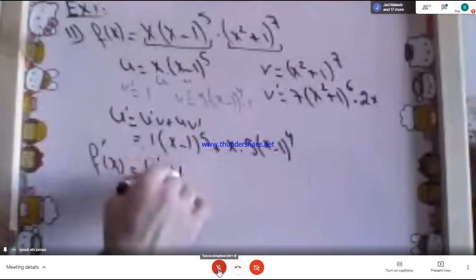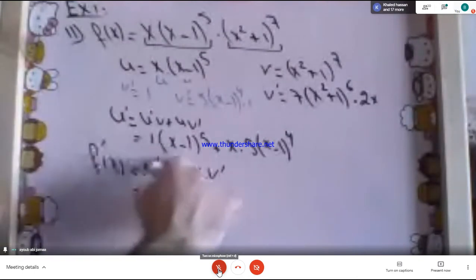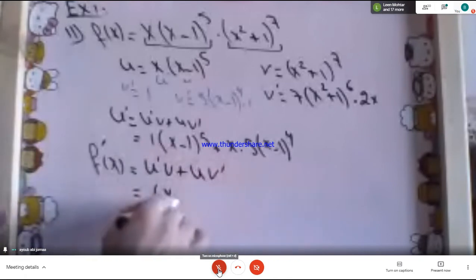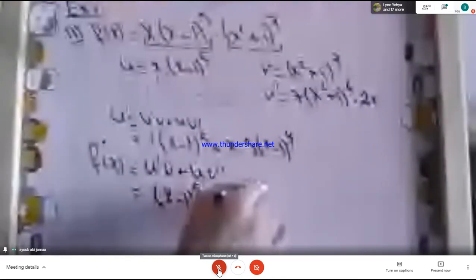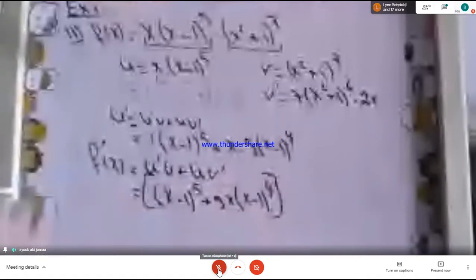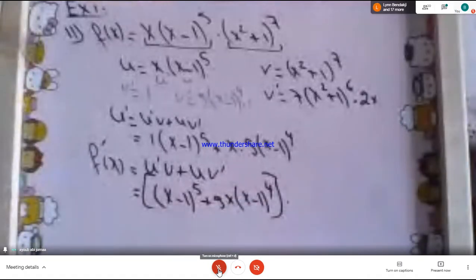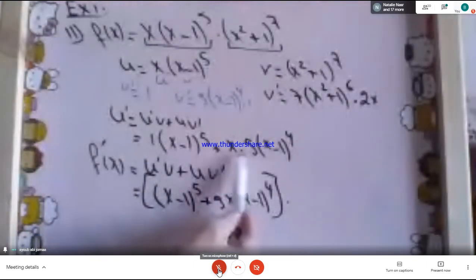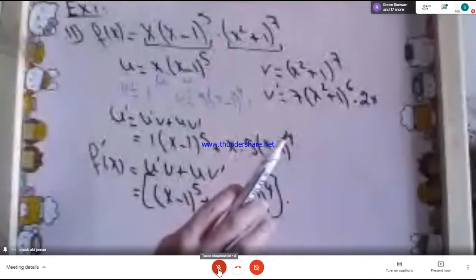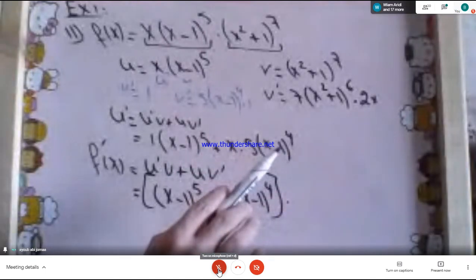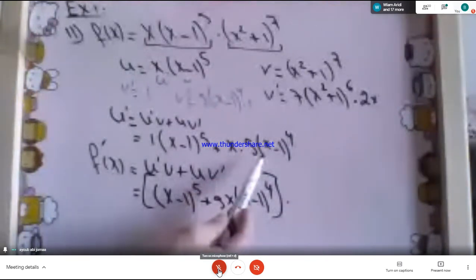Then f prime of x, which is u prime v plus uv prime, u prime is all of this. x minus 1 to the power 4 times 1.